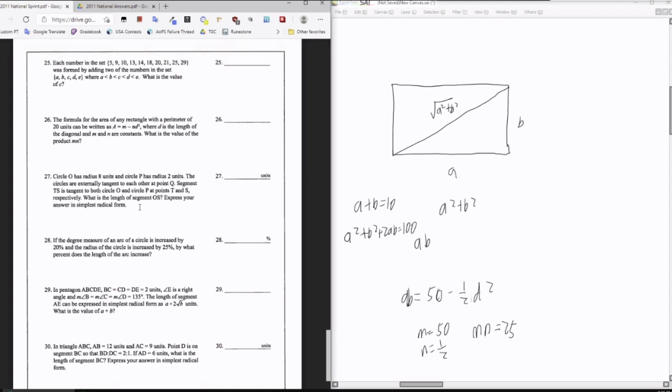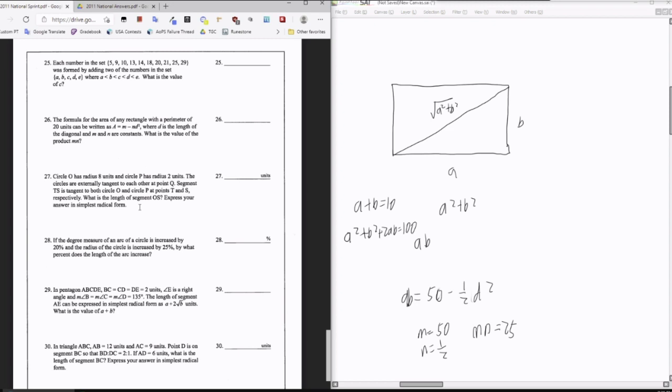Yeah, so one way you can do it is to prove it algebraically, like how Bill did. But another way you can do this, maybe kind of fast, is that the problem says the formula for the area of any rectangle with a perimeter of 20 units is like this, right?